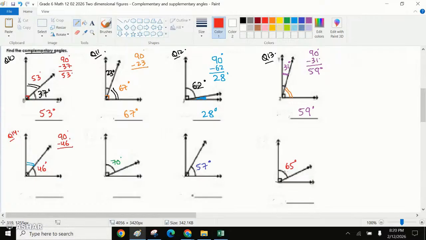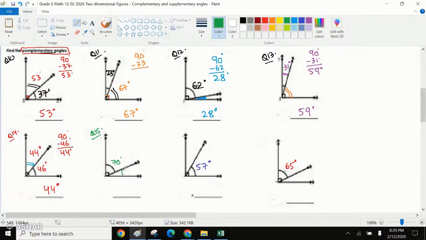So the answer would be 90 minus 40 is 50, 50 minus 6 would be 44. That means the complementary angle of 46 is 44 degrees. Thank you.